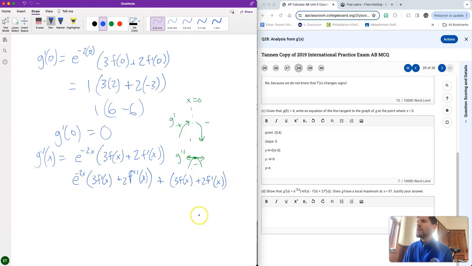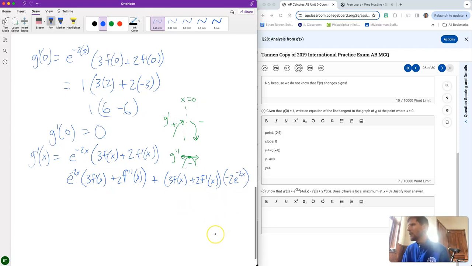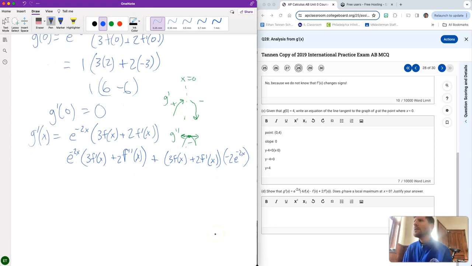The derivative of this requires the chain rule, so it's just negative 2e to the negative 2x. It looks like it's just an e to the 2x here, so since it's all product, we should just distribute the 2x in there. So that's going to be a negative 6f of x minus a 4, I just switched the sign, f prime of x.